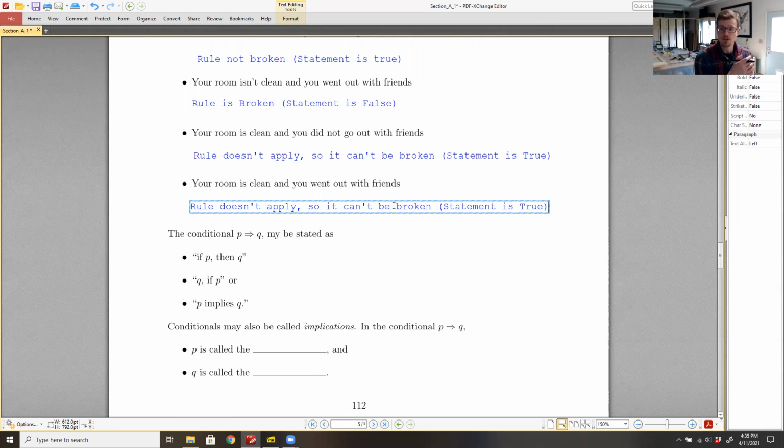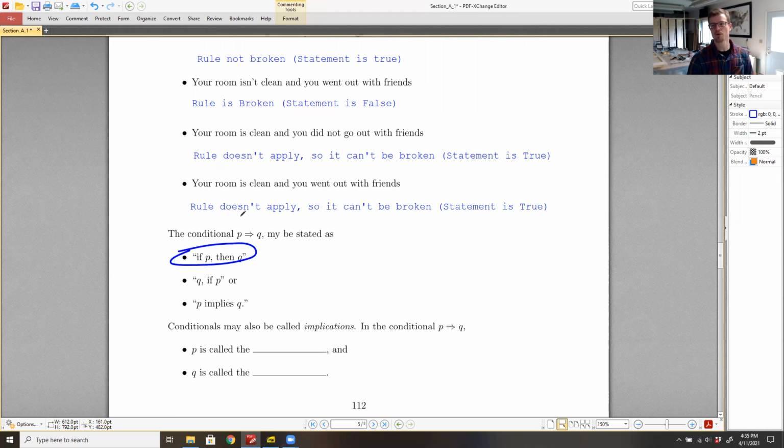So the conditional can be stated in three ways, and the most frequent way for us to consider it is this first way of writing it, if P then Q. That's the most frequent way you're going to see it.